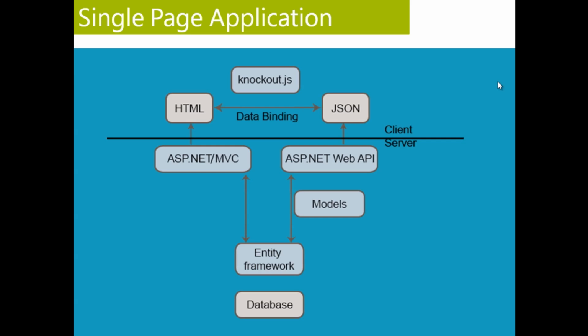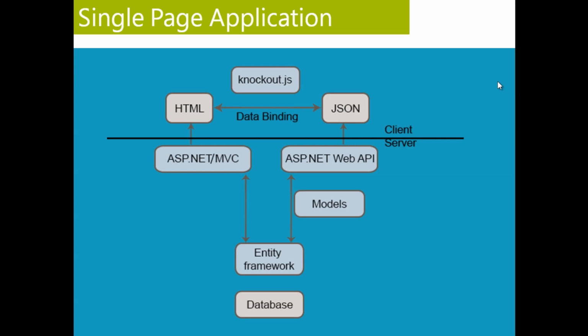We can use any server-side technology, for example ASP.NET or MVC, which renders an HTML output for us. Whenever there is a request, we can take the support of the entity model to the models by using ASP.NET Web APIs or WCF REST services. We can expose the data to the client as JSON data.